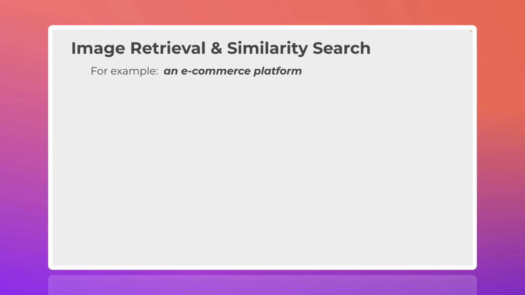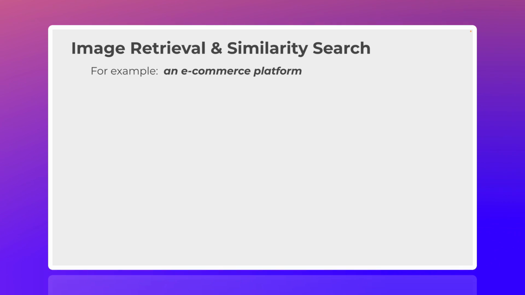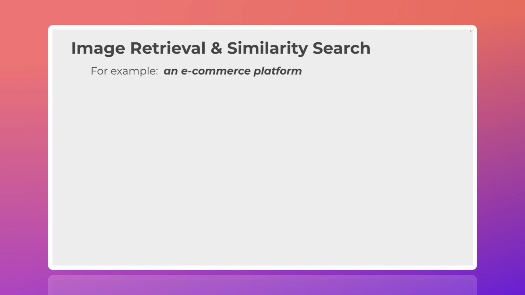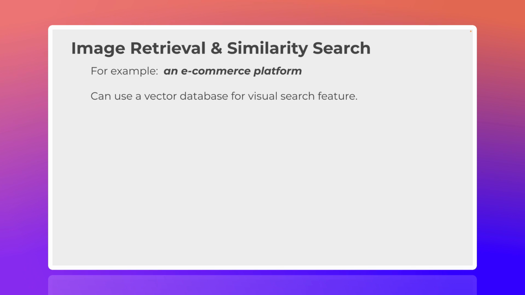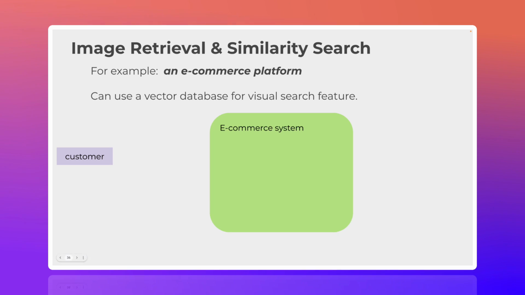Starting with image retrieval and similarity search. A good example would be an e-commerce platform. In this case, we can use a vector database for a visual search feature. How would that work? We would have a customer who is looking for a certain piece. It could be a top, a hat, or pants, or trousers, depending on where you are tuning in from.